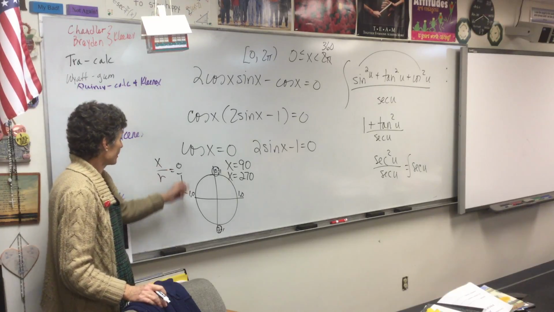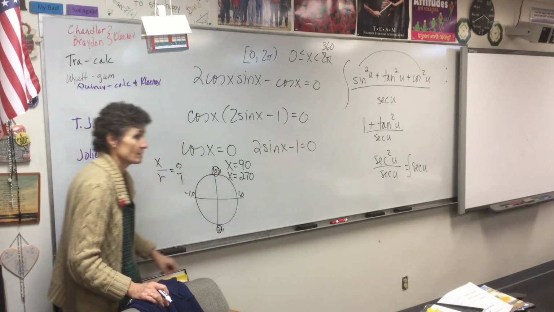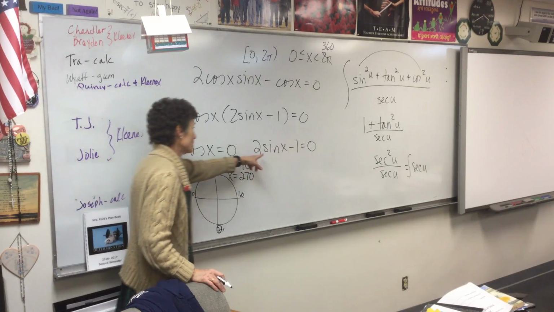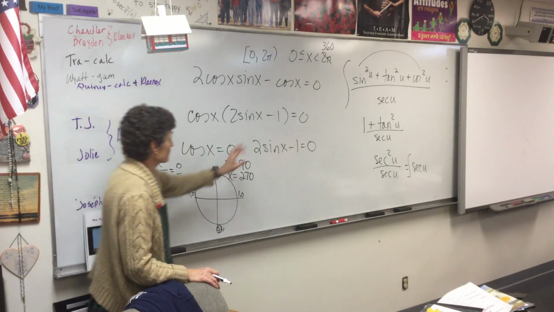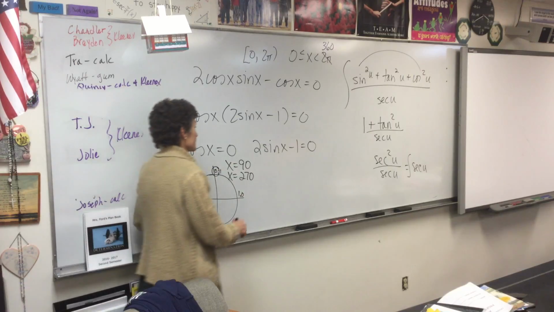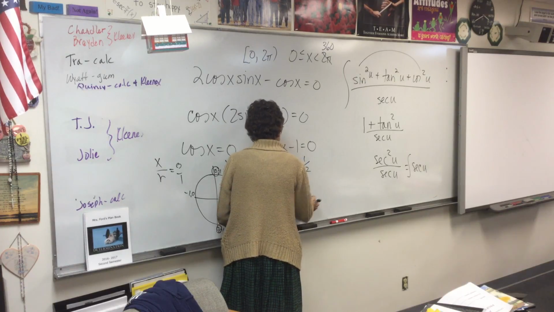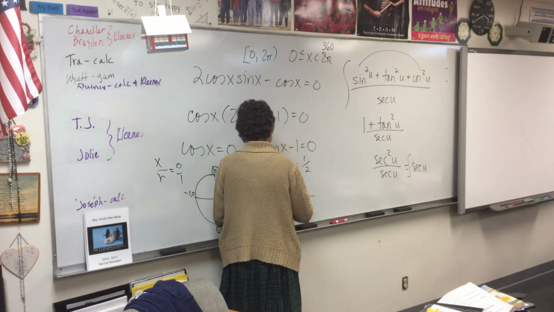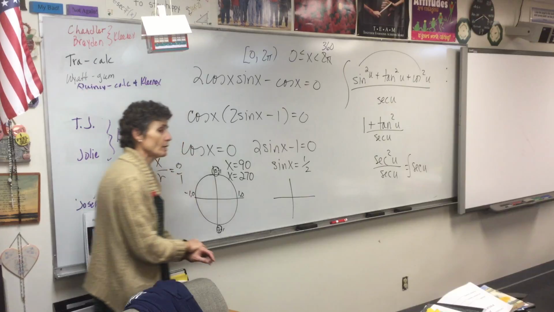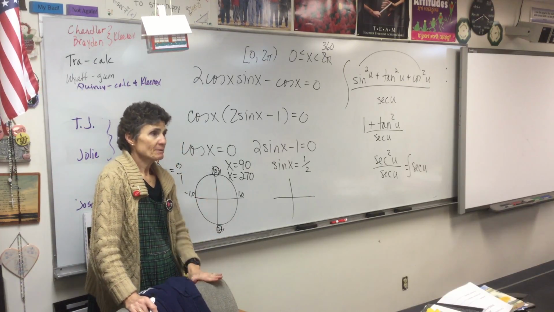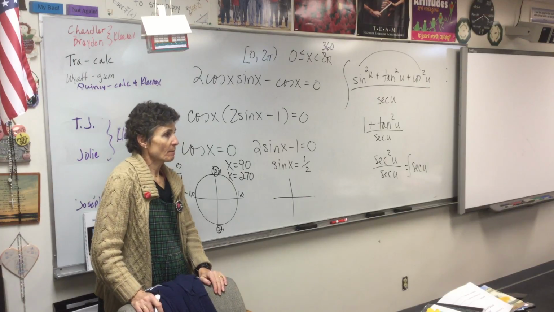Cosine is x over r, x is 0 up here and down here. Now, what does this one say? We're not done. That's the first half. We still got the second half. Sine equals 1/2. All right, I can draw a triangle for that anywhere around here. Where would I have a triangle if opposite over hypotenuse has to be positive?